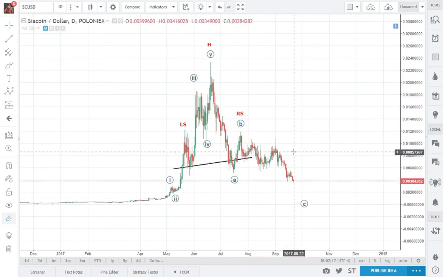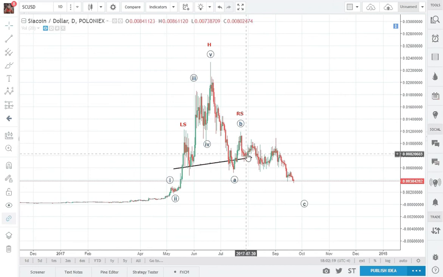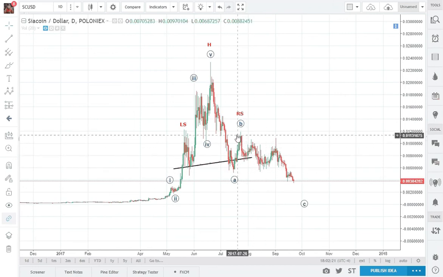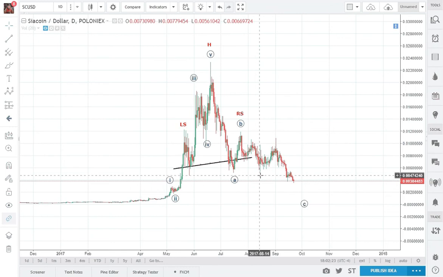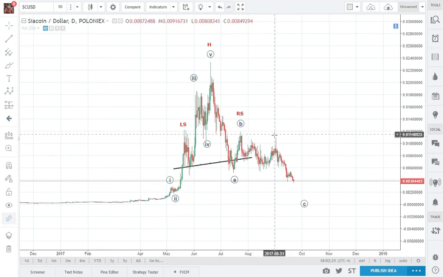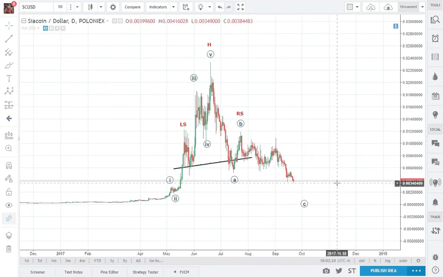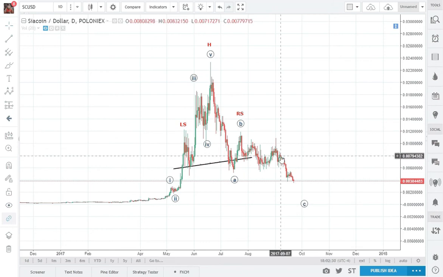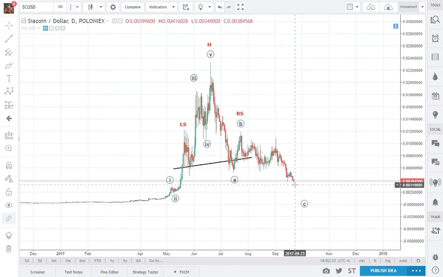Where could it finish? Here's 3 waves, A, B, C. So this is A, B, and C is going to be in 5 waves. 1, 2, 3, 4, 5. So I count 5.